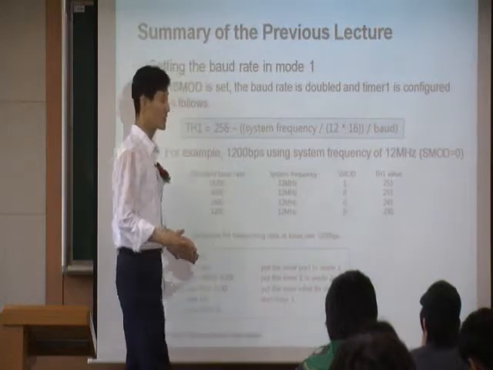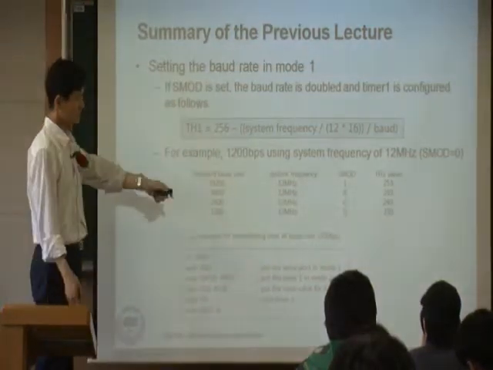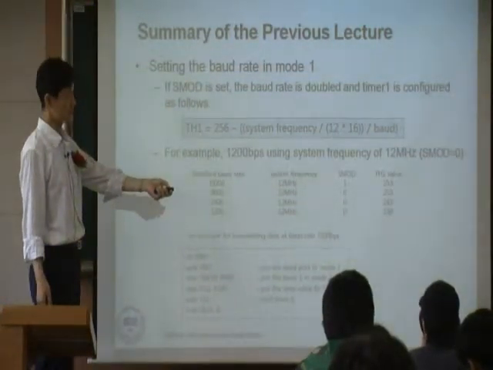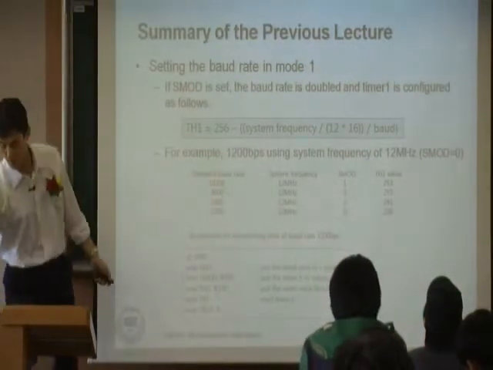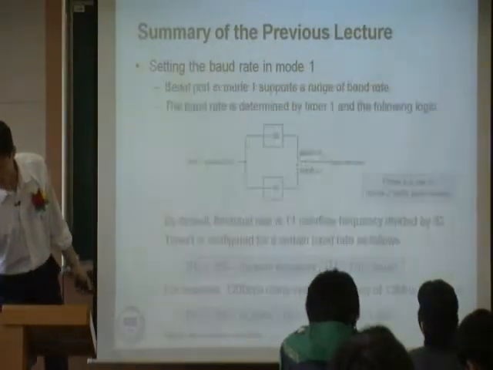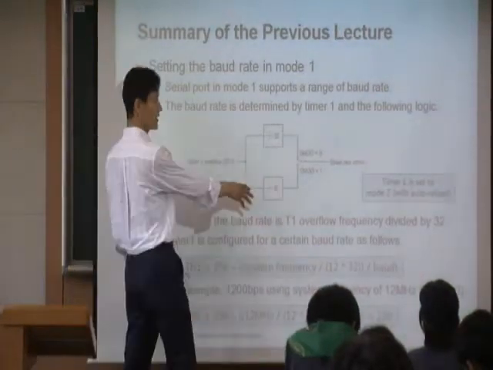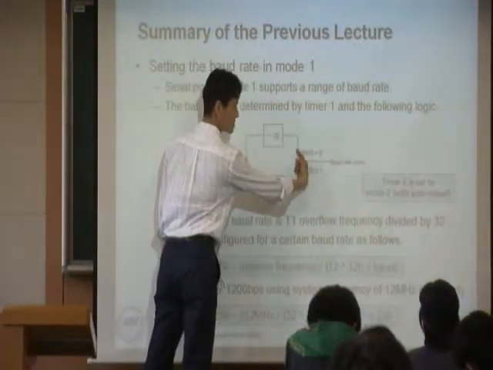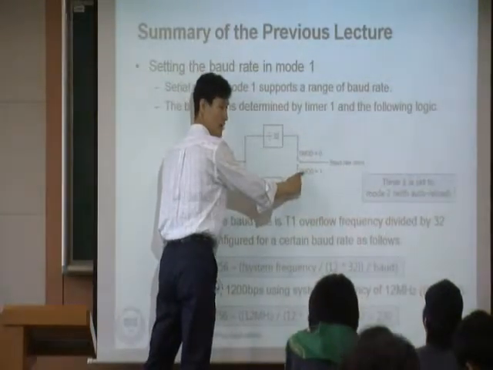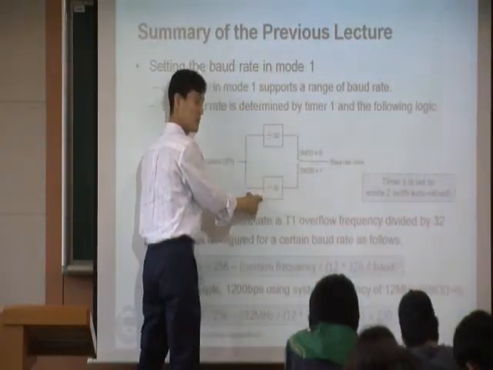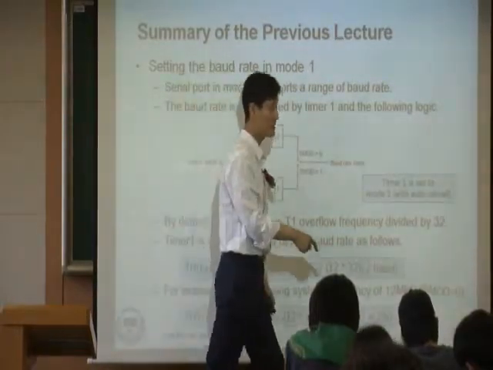So we have to do it a different way. The different way is that the SMOD needs to be changed to 1. When you set SMOD to 1, in hardware, we are switching to that one, so you are using this hardware. And in this hardware, we are actually dividing by 16.